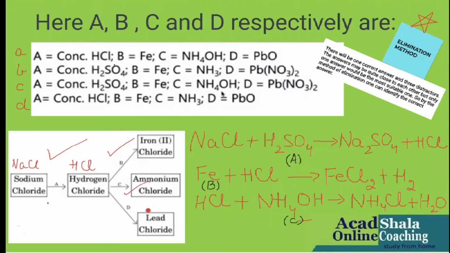But before going to D, when you came to know that A is sulfuric acid, what I will do immediately, which I told you, children, is the elimination method. The first thing you would have done is discard this one. I will not take it at all.